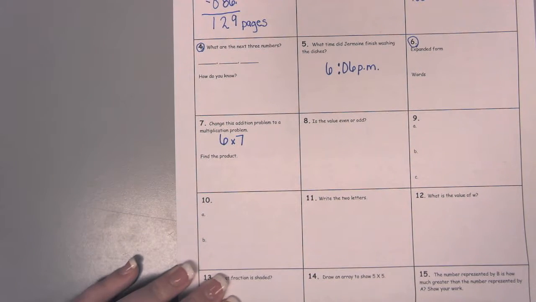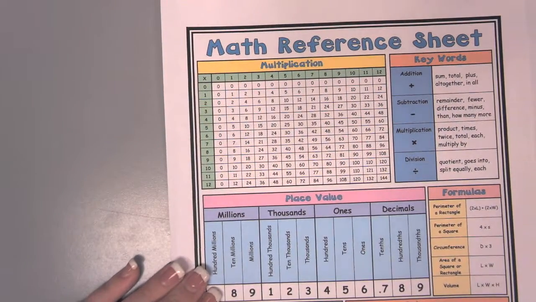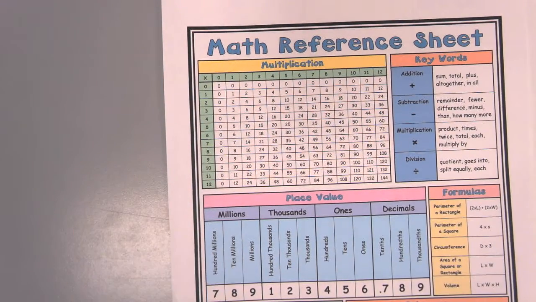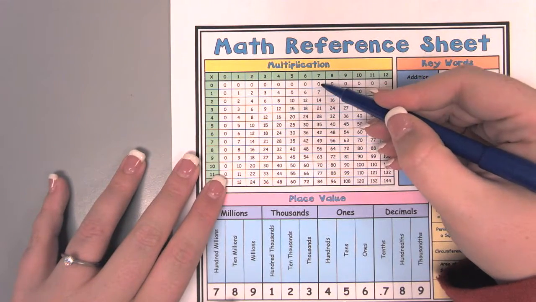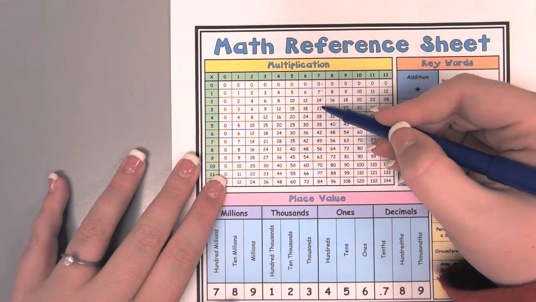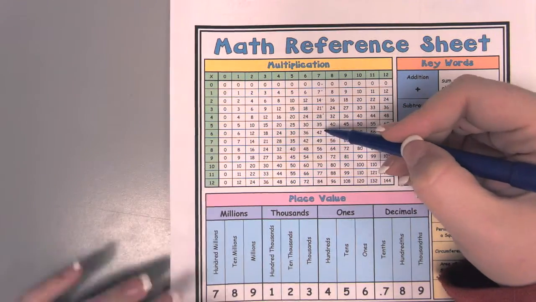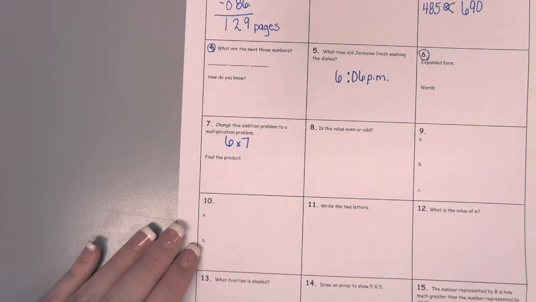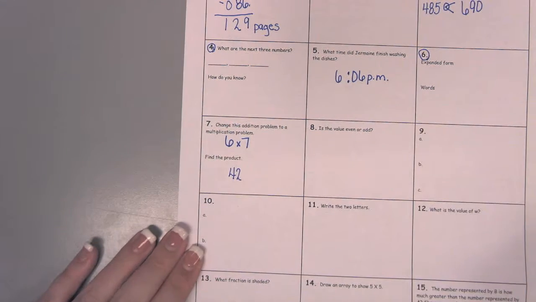What is that? You could look on your multiplication chart. You could either go to the 7s and count 0, 1, 2, 3, 4, 5, 6. It's 42. It is 42.